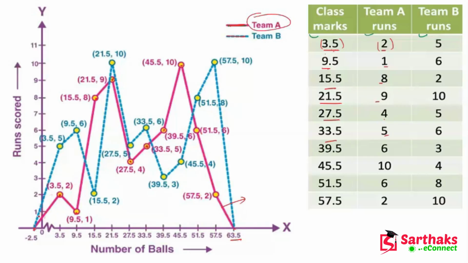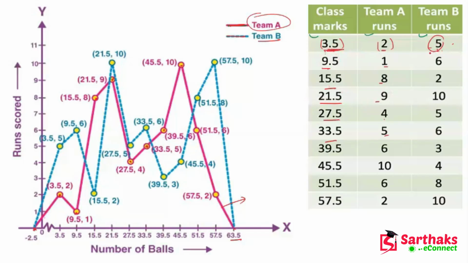Now the blue line is the frequency polygon of team B. First we plot the starting point, minus 2.5 comma 0, and then the next one is 3.5 comma 5. We take these class marks and team B runs.